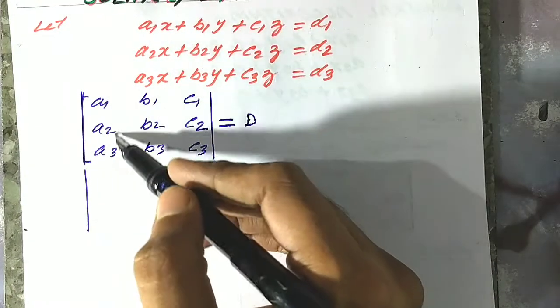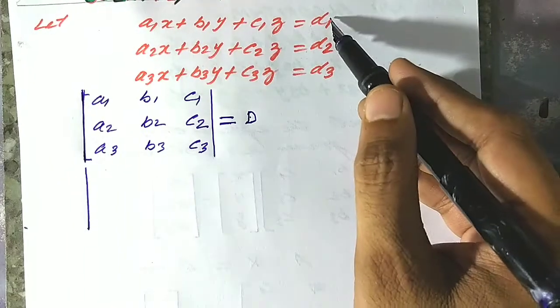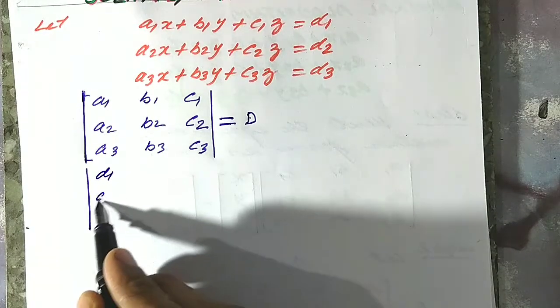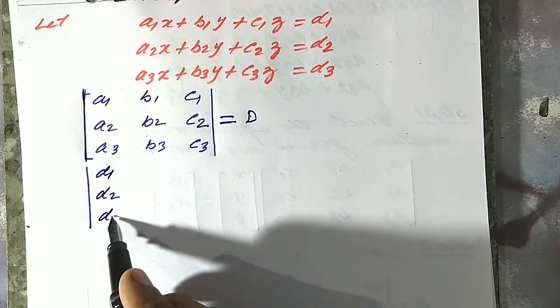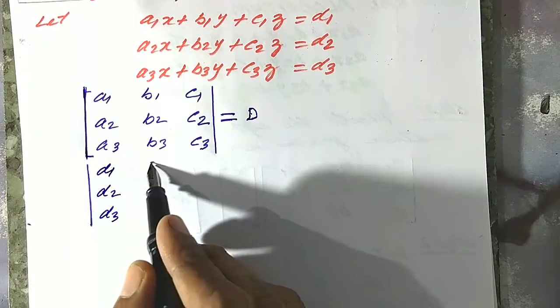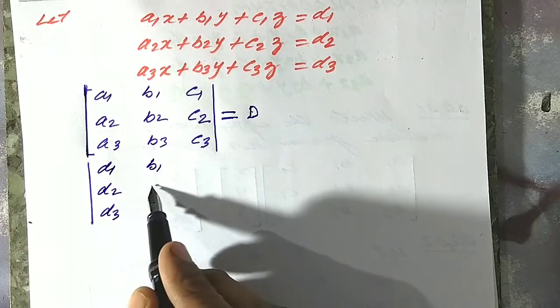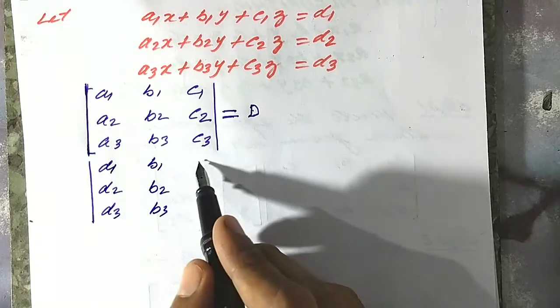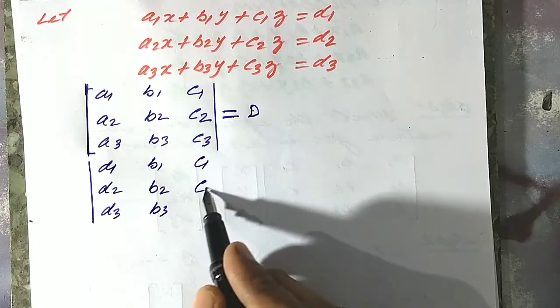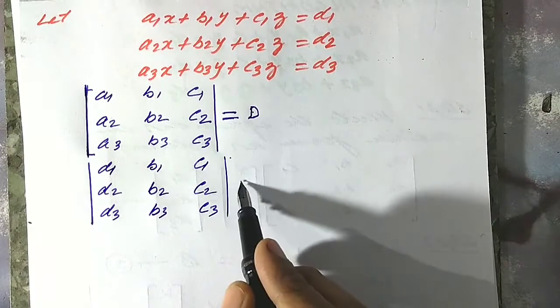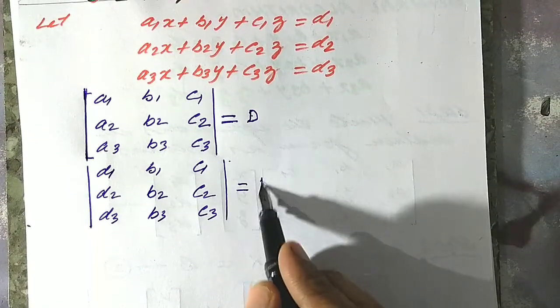If we replace the column 1 by these three elements, we have d1, d2, d3, and the rest of the columns are as they are: b1, b2, b3, c1, c2, c3, and this determinant is denoted by capital D1.